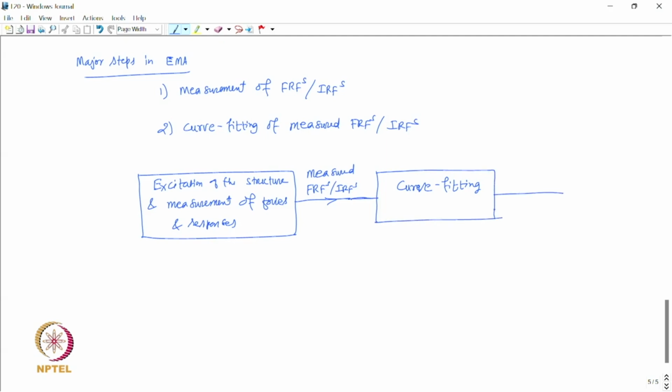The output of this curve fitting is nothing but the modal parameters. And therefore, this whole process is referred to as experimental modal analysis or modal testing.